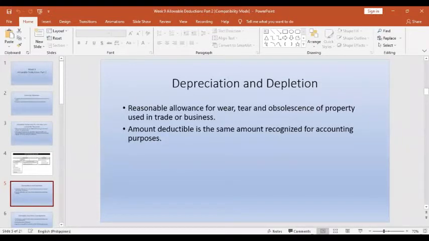So the depreciation is also deductible from the value of the fixed asset that depreciates because of usage and obsolescence. Whatever the amount of depreciation expense, that will be recognized as an allowable deduction to the gross taxable income.